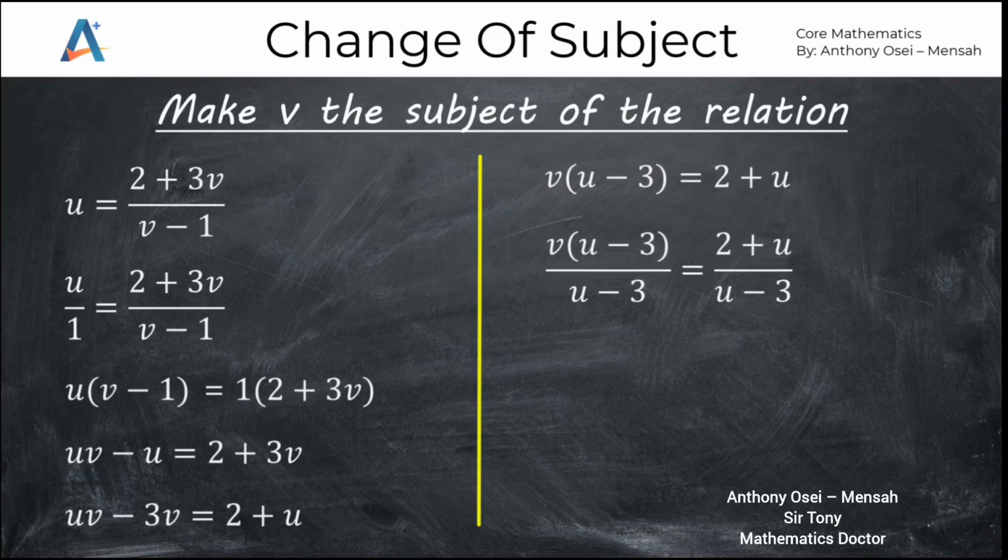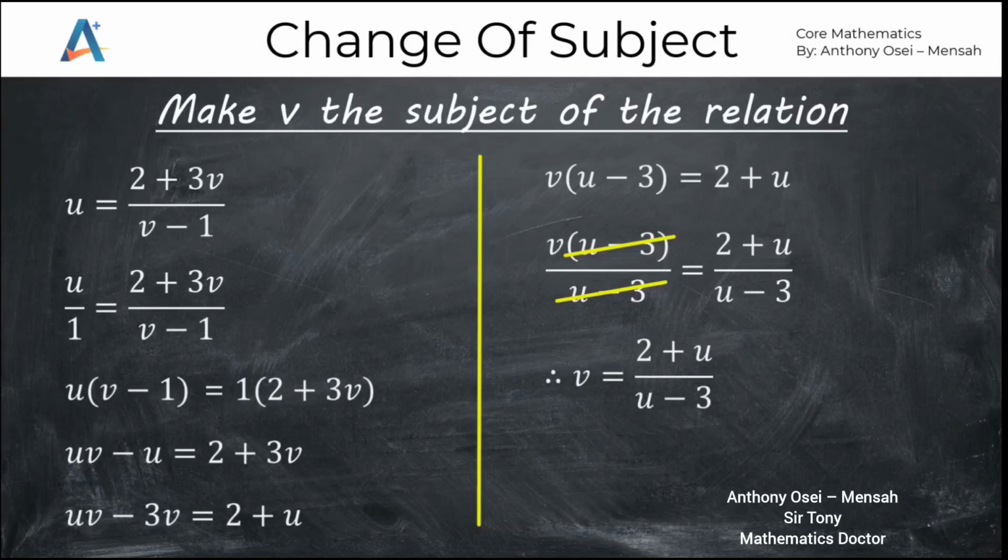V into bracket u minus 3 is equal to 2 plus u. Divide here by u minus 3 and still divide here by u minus 3. Now this part will cancel this part, remaining with v. So we can now conclude that therefore v is equal to 2 plus u all over u minus 3.